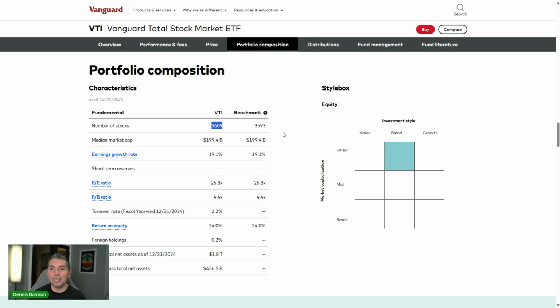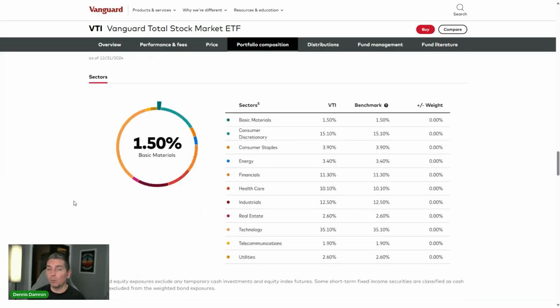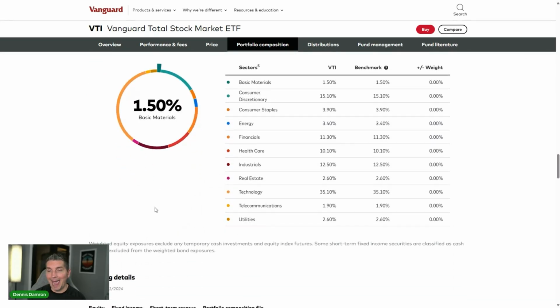So one gives you a snapshot of the largest companies within the United States. The second one gives you the snapshot of the entire financial picture, or publicly traded companies in the United States overall. But you'll notice that when we start looking at the cap, they are very similar. You can see technology in here, 35%.